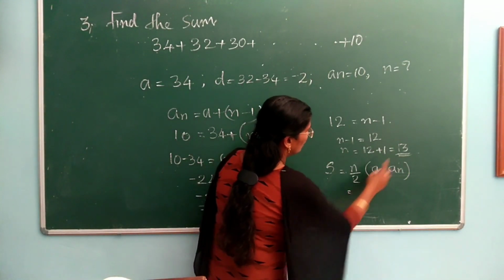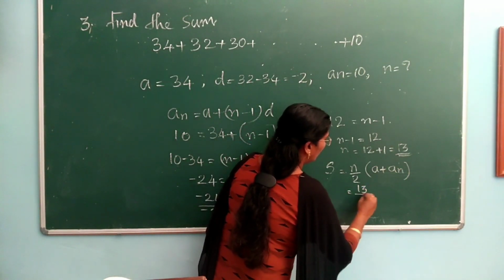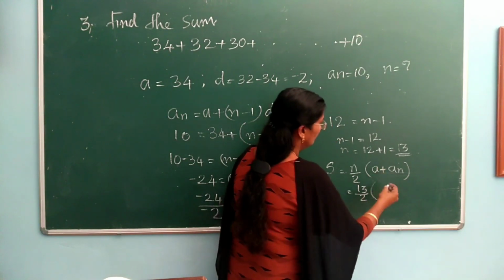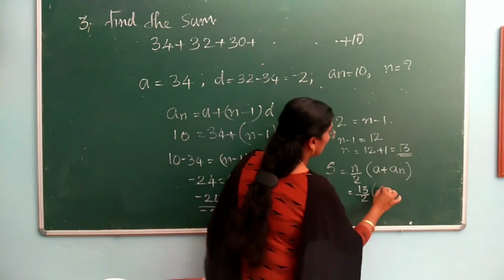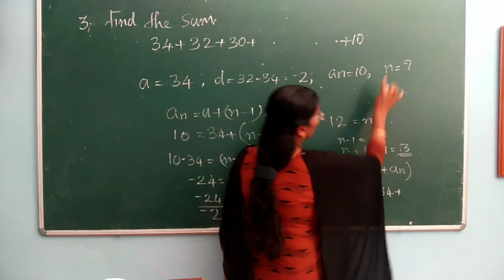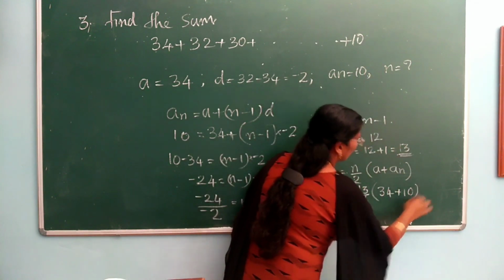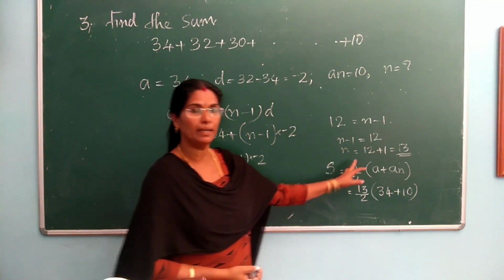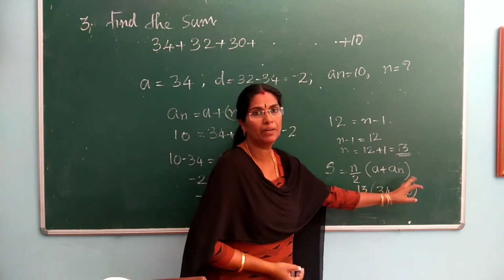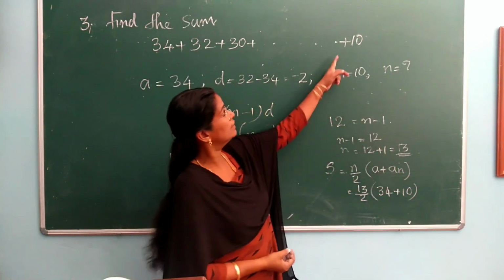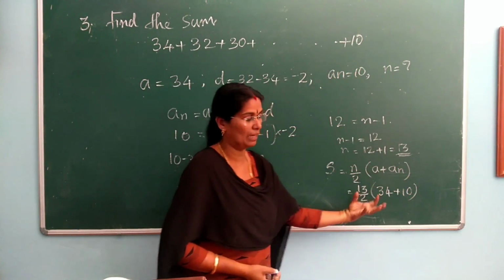Here n is equal to 13 by 2, a is 34, an is 10. Why are we using this formula? Because the nth term is given, so we can apply this formula.